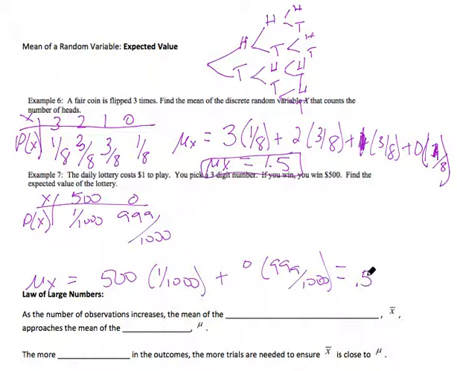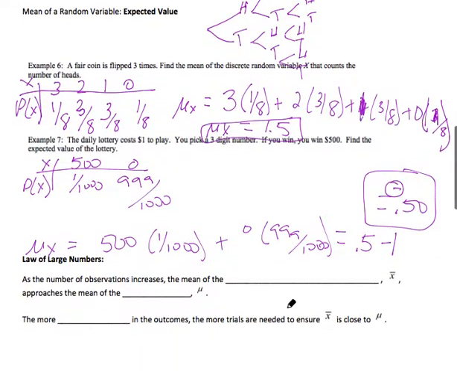Well, I want the expected value, so what do I actually expect to win at the end? Well, I expect to win 50 cents, but I've spent $1 on this. So my actual expected value in this is negative 50 cents. That's what I expect. Okay. All right, so let's just fill in this.